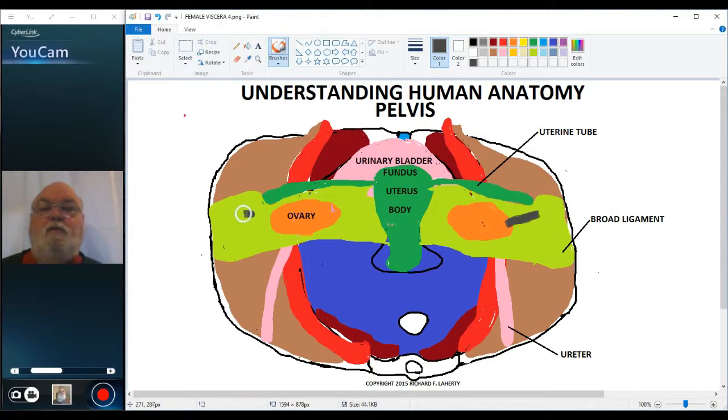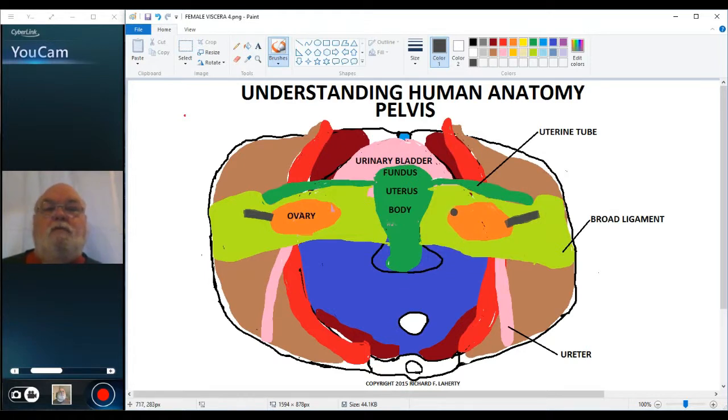Now, this is a very important ligament because it is actually the mesentery of the ovary. It is carrying the ovary's vascular supply, nerve supply, and lymphatic supply. So it's critical for ovarian function.